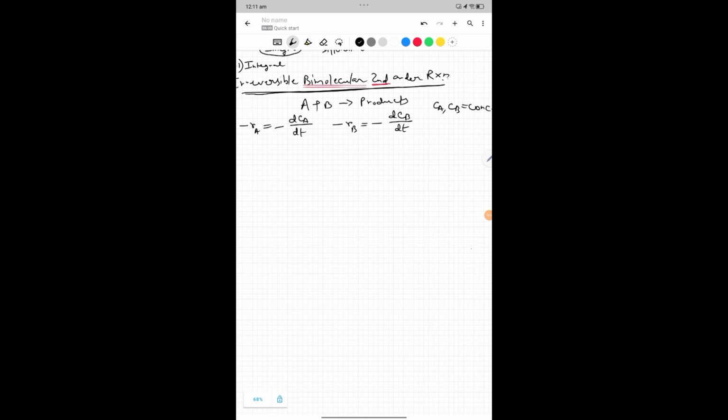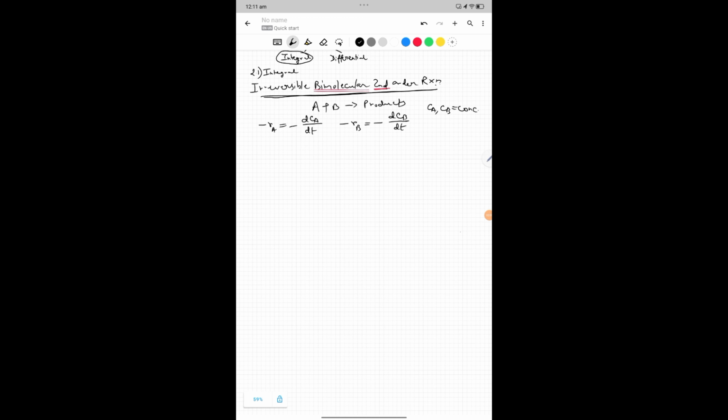Another definition of the rate expression is minus RA by NA equal to minus RB by NB, where NA and NB are the stoichiometric coefficients of A and B. Here, 1 mole of A is reacting with 1 mole of B, so NA is equal to NB.